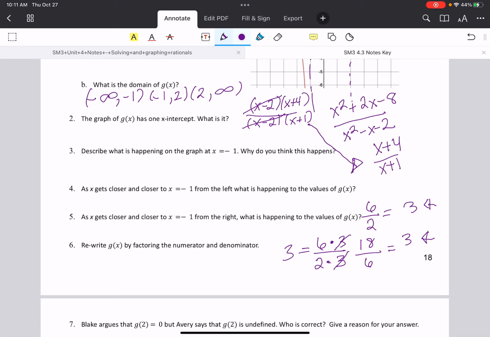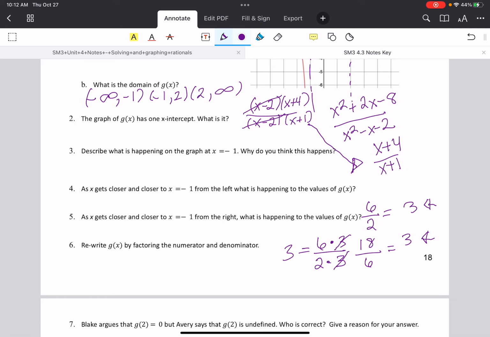Should we have Caden repeat it? It's up to you. Repeat what you said. Hopefully everyone's listening this time. If you factor it and they share a factor in the numerator and denominator, it's a hole. Yes, someone repeat that. If you factor the numerator and denominator, it comes to a hole.